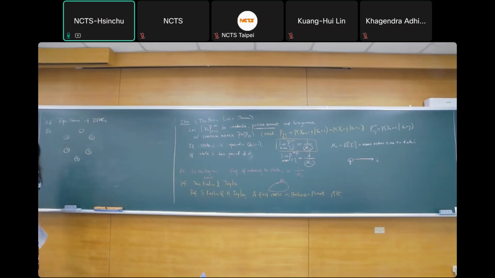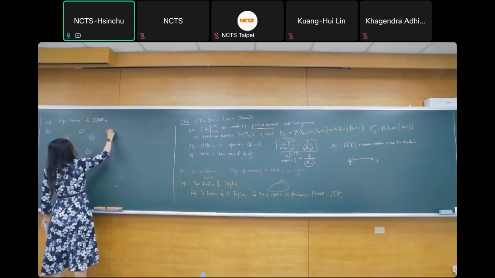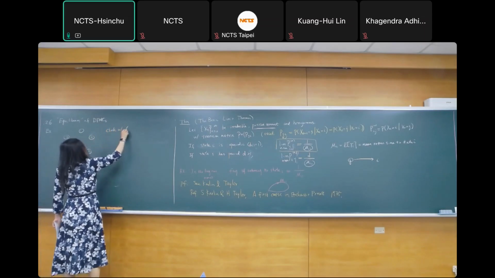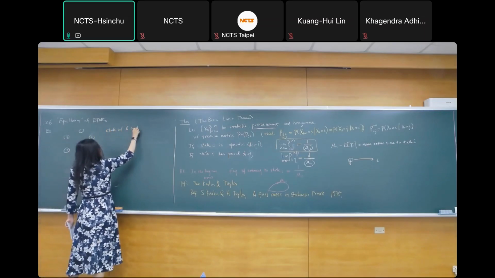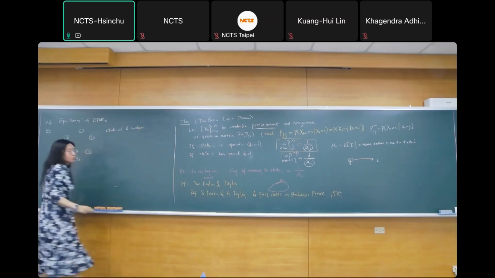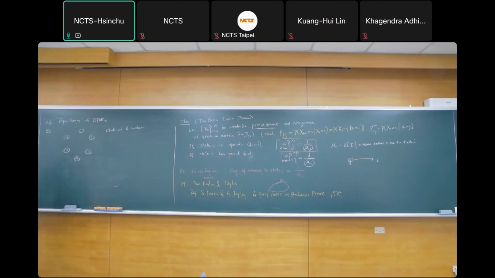I have a weird clock which only has 6 numbers. So here's the clock with 6 numbers. We can only do 12, then you will see a larger transition matrix, the same thing.